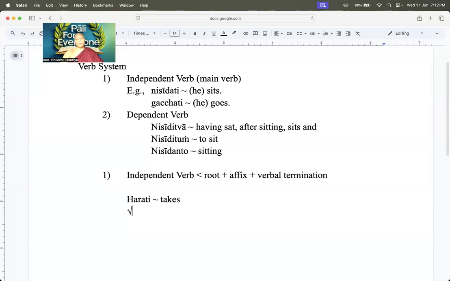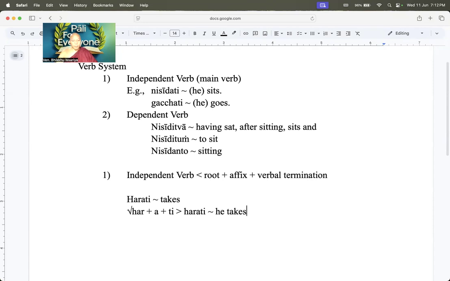So the root is har, and then the affix is a, and the verb termination is ti, in this way. So harati. Now, from harati, it means he takes.